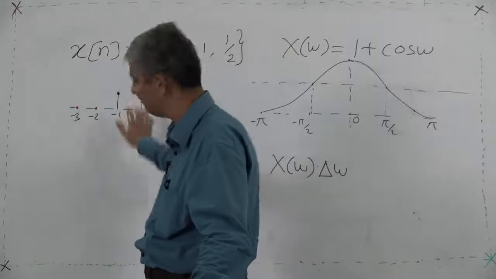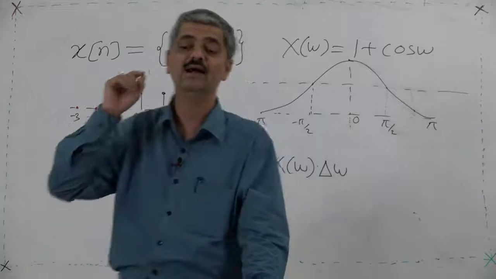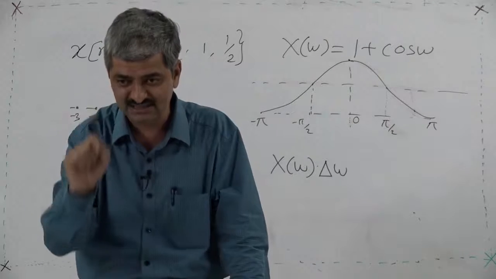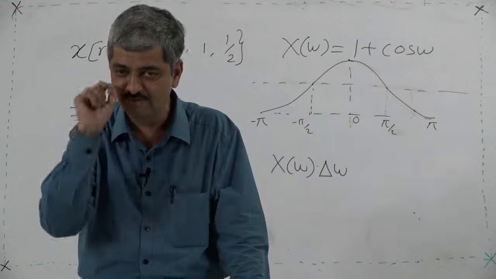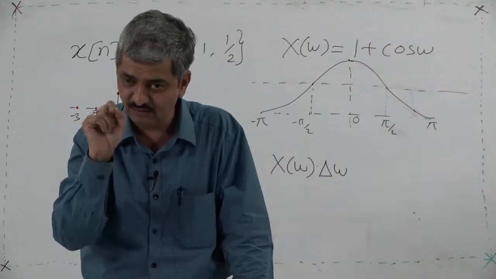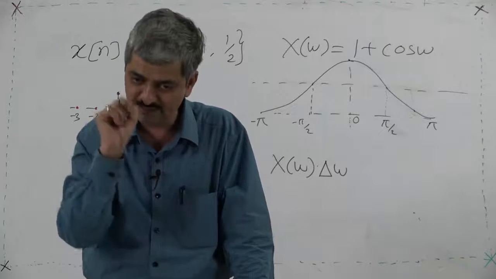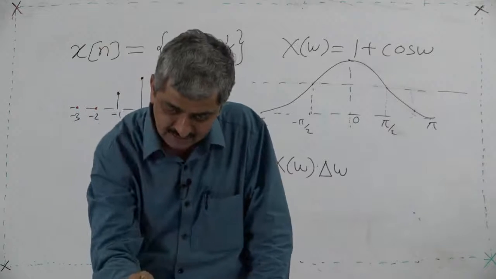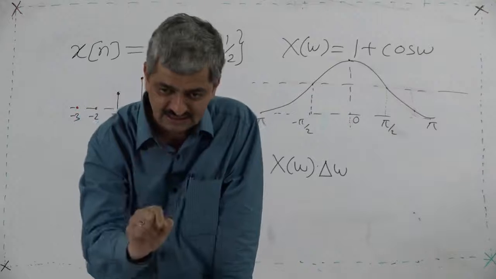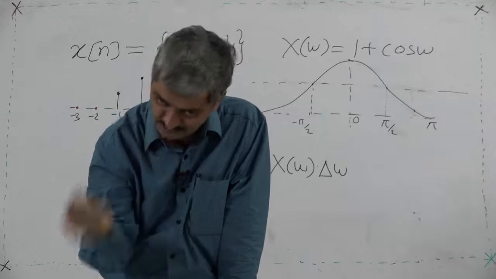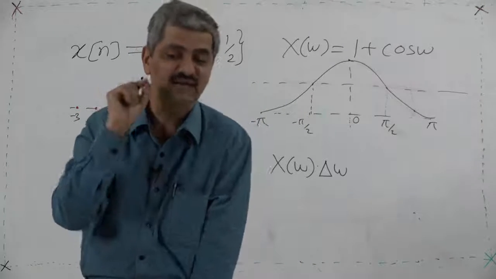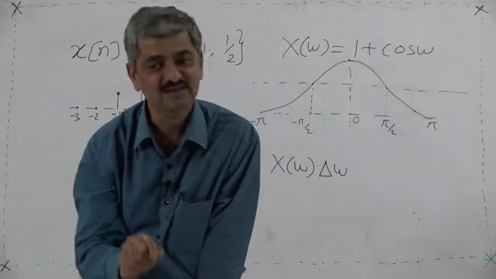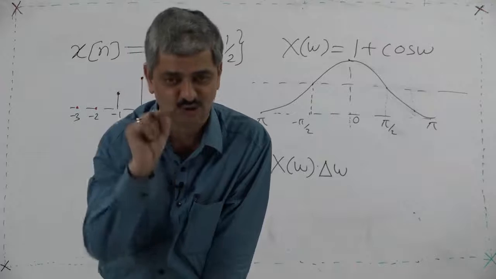For whatever sequence we have, I am claiming that I am able to express it as a summation of multiple rotating points. When I say rotating points, a rotating point will rotate on a circle with given angular speed. The radius of the circle will also be different for different rotating points. So, speed is given, radius is given, but it is not completely specified because the position at n equal to 0 is also to be given.